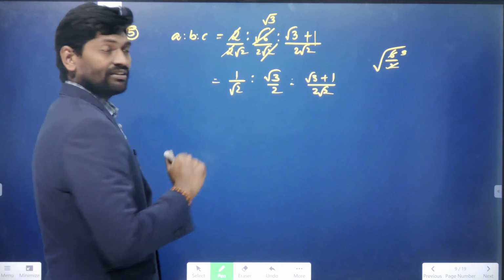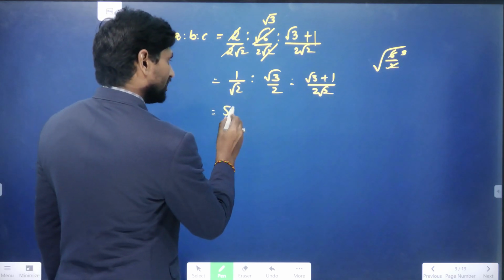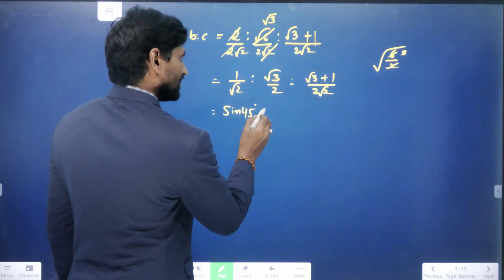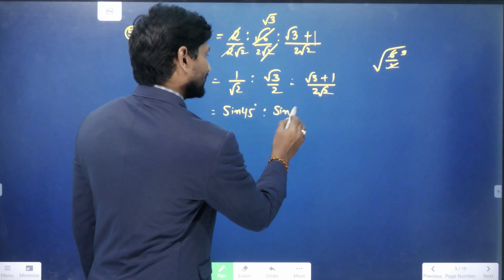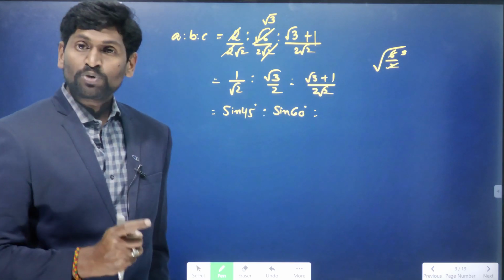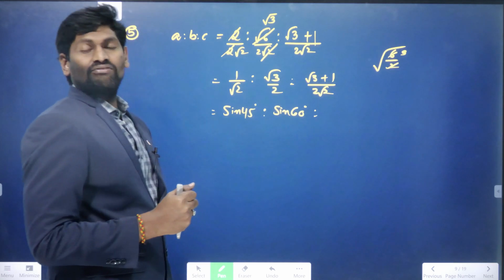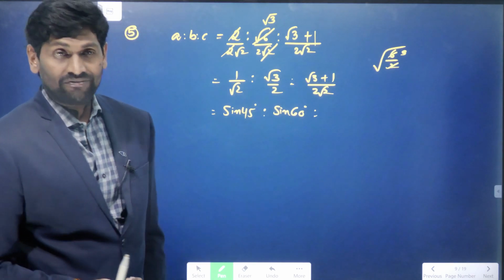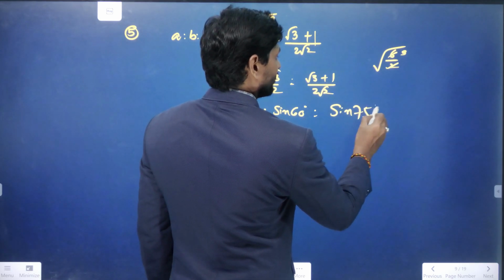Now applying the values of the sine ratios, 1 by root 2 is the value of sine 45 degrees, and root 3 by 2 is the value of sine 60 degrees. In a triangle, the sum of the three angles is 180 degrees. 45 plus 60 is 105. So what is the remaining value? 75 degrees.